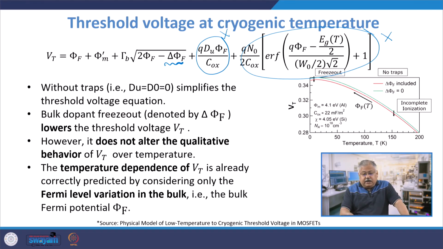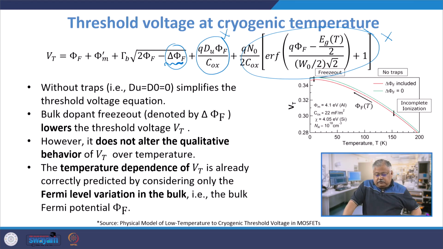The green one is basically del phi f equals to 0, and the red one is where del phi f is included, right? And obviously, if you include del phi f, there will be a fall in the value of your Vt. We are again assuming that there is an incomplete ionization taking place, and therefore you see the red line is below the green line for all practical purposes, because you have included this. So there is a negative sign associated with it, and therefore the relative threshold voltage is always smaller.